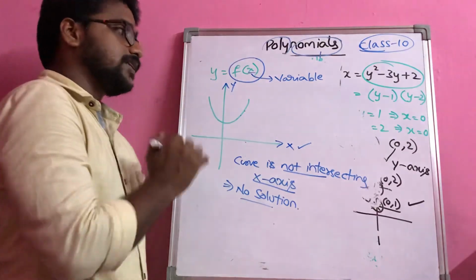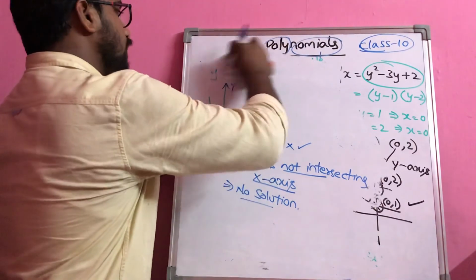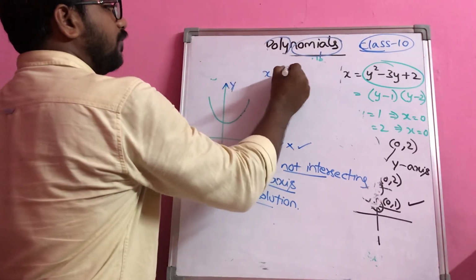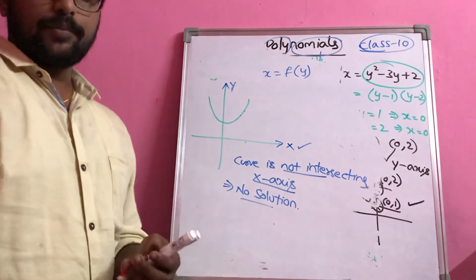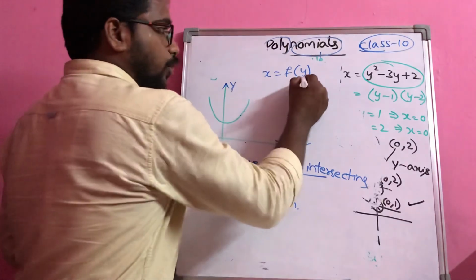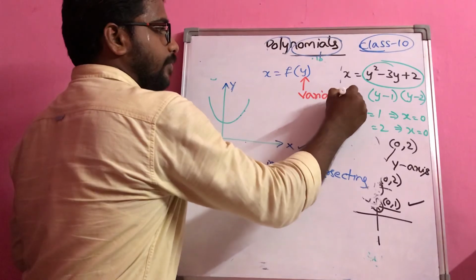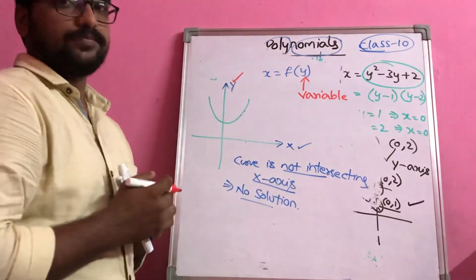For example, if I change this question, instead of giving y is equal to f of x, let us say I am giving you x is equal to f of y. Hope you can guess the answer. x is equal to f of y. You can identify that y is my variable, right? y is my variable means I should stick with the y-axis.